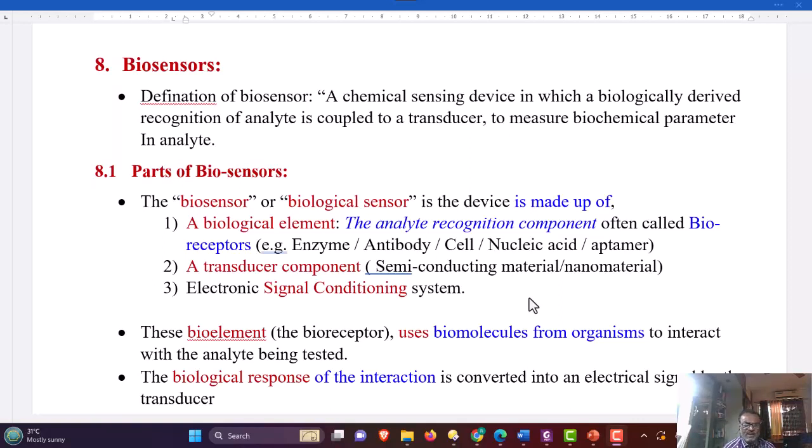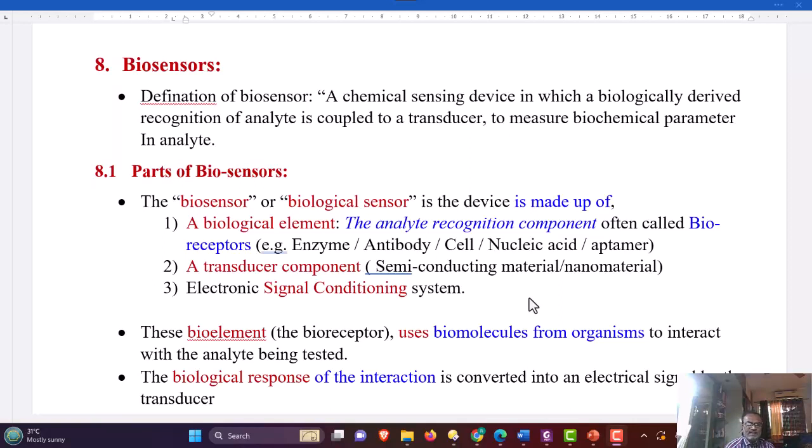Whatever biological sample is taken is called the analyte, and it reacts with a biochemical material of the sensor, which produces a response that can be measured by the transducer connected to the biochemical receptors.